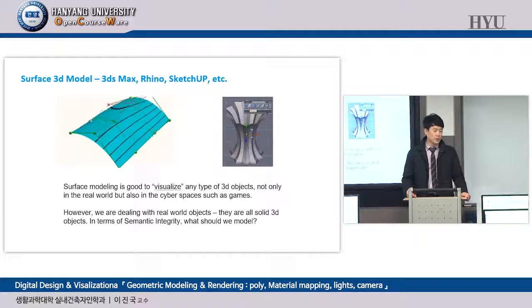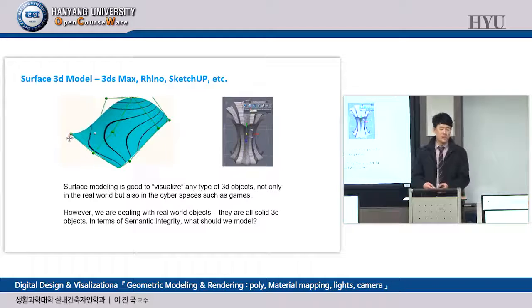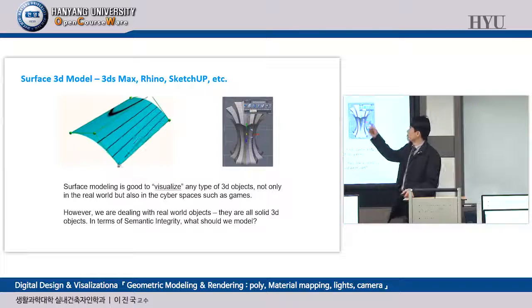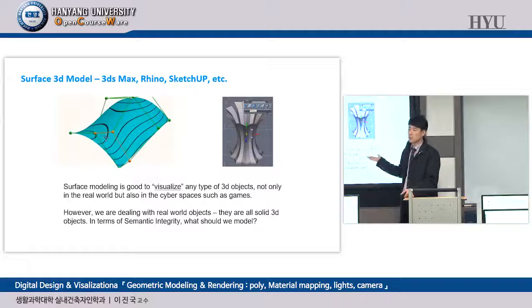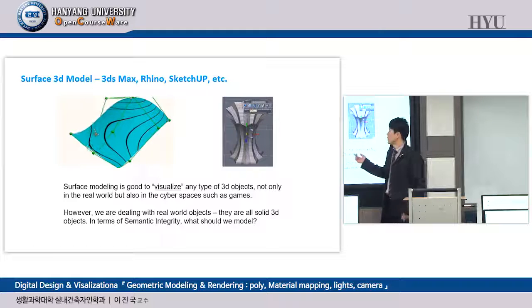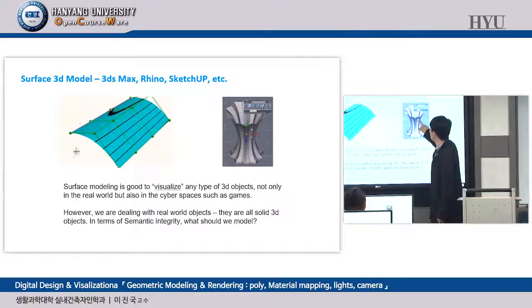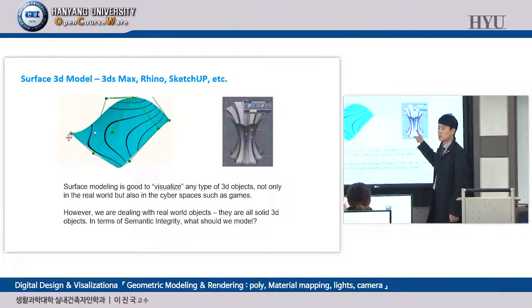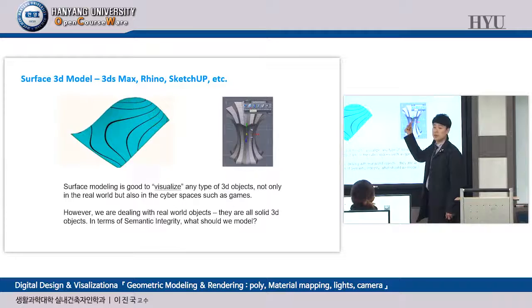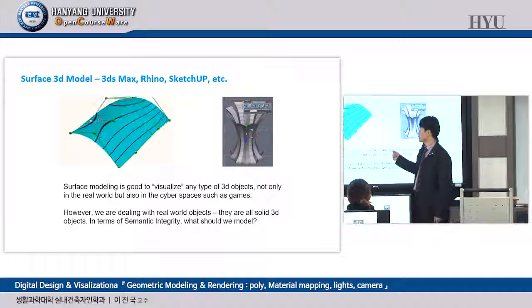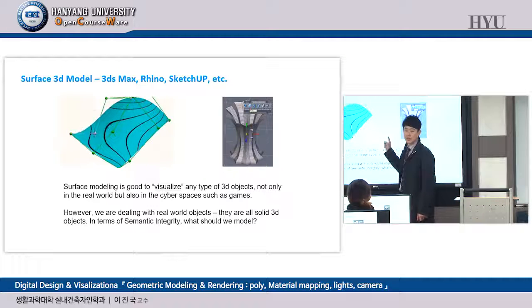As you remember, we have learned what a surface-based 3D model and a solid 3D model are. 3D Max, Rhino, SketchUp, they are all surface-based 3D modelers. What is a surface? This is a surface and the controlling of the surface. Take a look, this one is another type of surface. The definition of surface is conceptual, mathematical, which has zero thickness, okay?